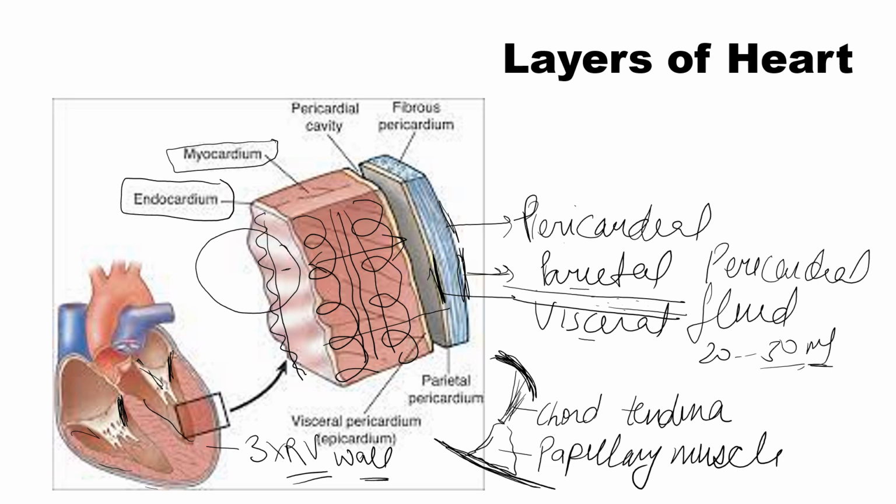So the endocardium has the muscle mass, papillary muscles, which are connected to the chordae tendineae, which are connected to the valve. Whenever contraction occurs, the papillary muscle contracts, and because of that the chordae tendineae become stiff, and because of that stiffness there is valve stiffening and closure of the valve, which prevents the backflow of blood toward the atrium.